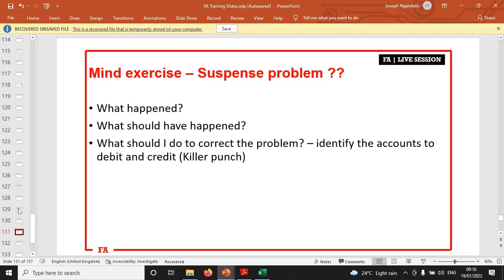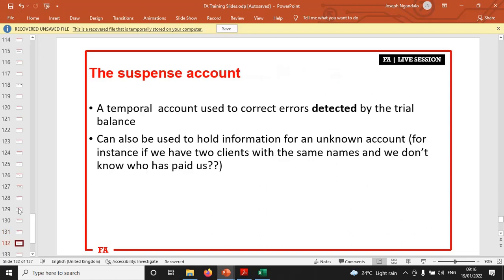Are we done writing? Okay. So what is this animal called the suspense account? It is a temporal account that is used to correct errors detected by the trial balance.